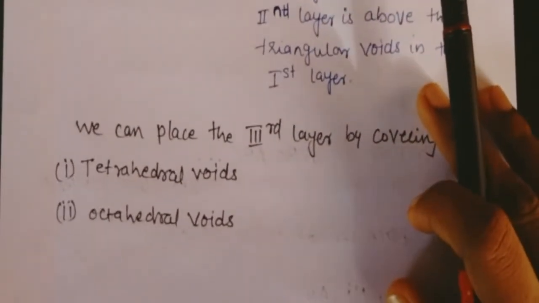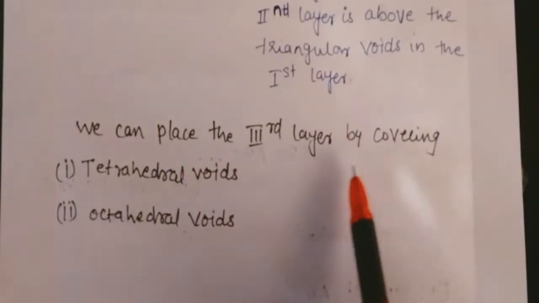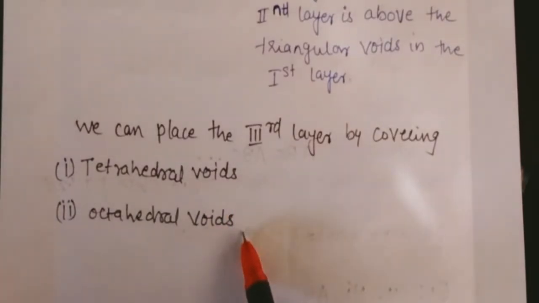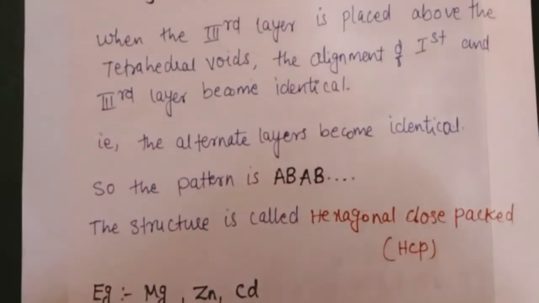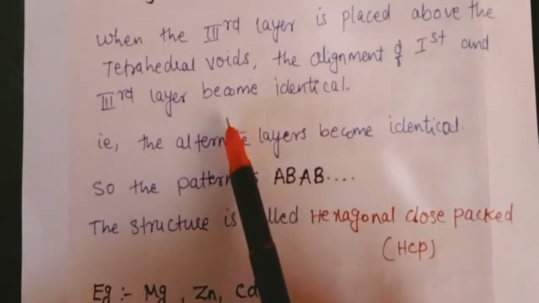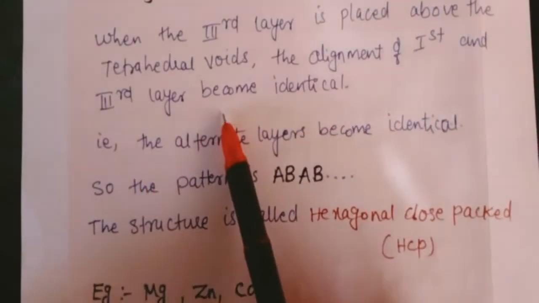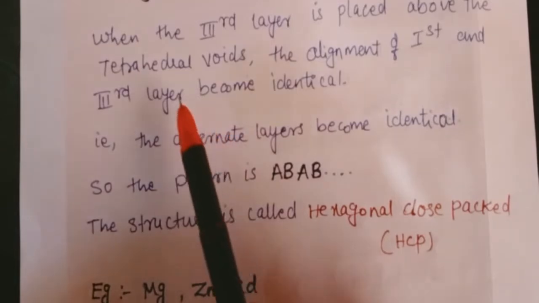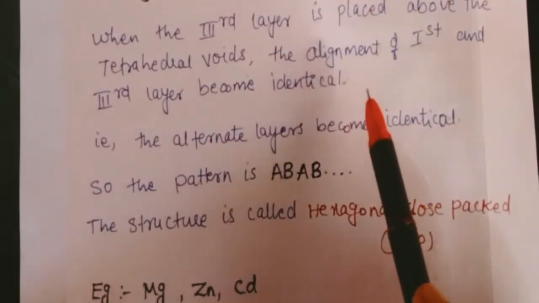Then we can place the third layer by covering the tetrahedral voids or the octahedral voids. The first one is covering the tetrahedral voids. When the third layer is placed above the tetrahedral voids, the alignment of the first and third layers becomes identical.